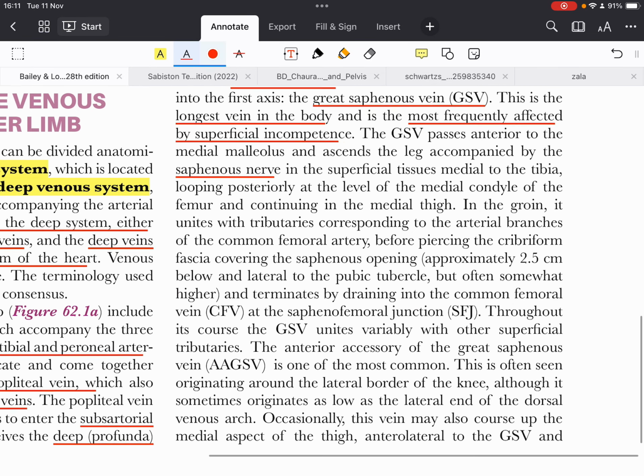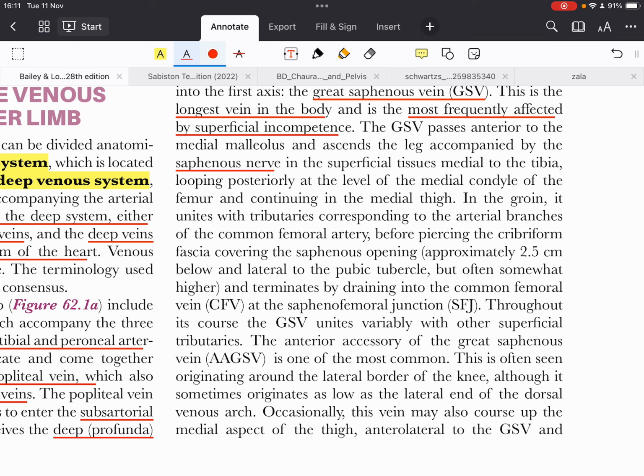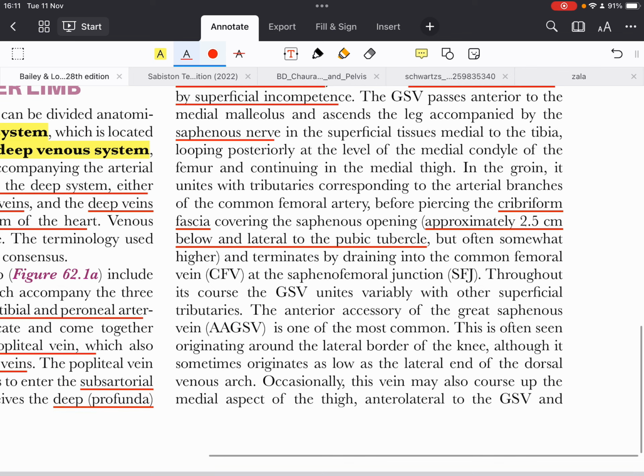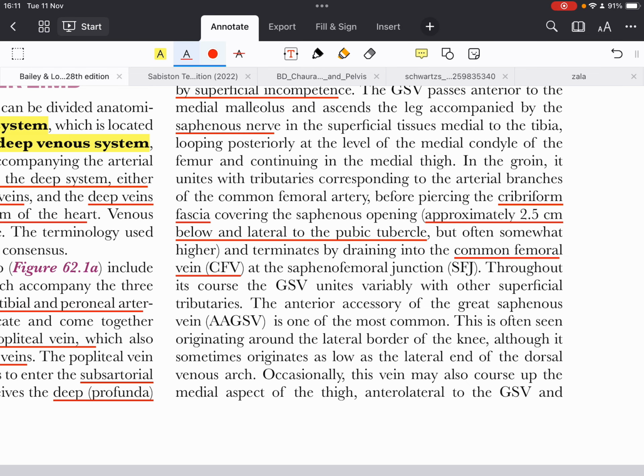In the groin, it unites with tributaries corresponding to the arterial branches of the common femoral artery before piercing the cribriform fascia covering the saphenous opening approximately 2.5 cm below and lateral to the pubic tubercle. This is the location of the SFJ, saphenofemoral junction, but often somewhat higher, and it terminates by draining into the common femoral vein, CFV, at the saphenofemoral junction.